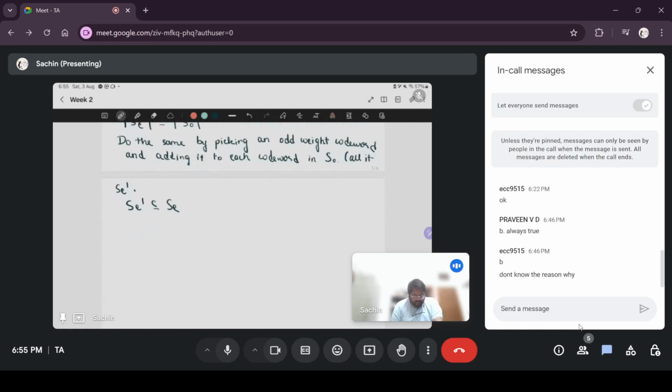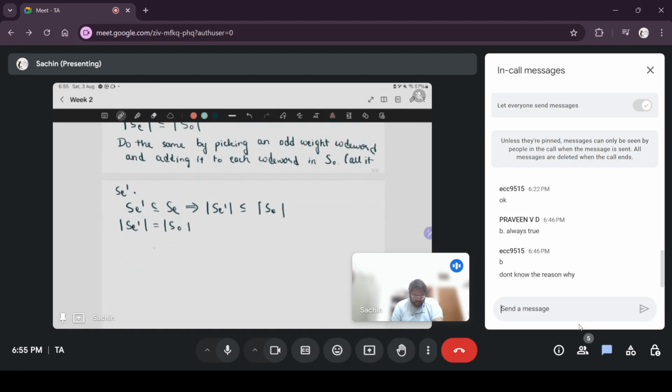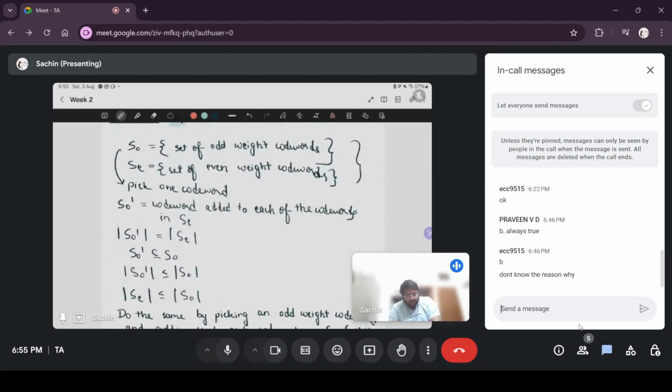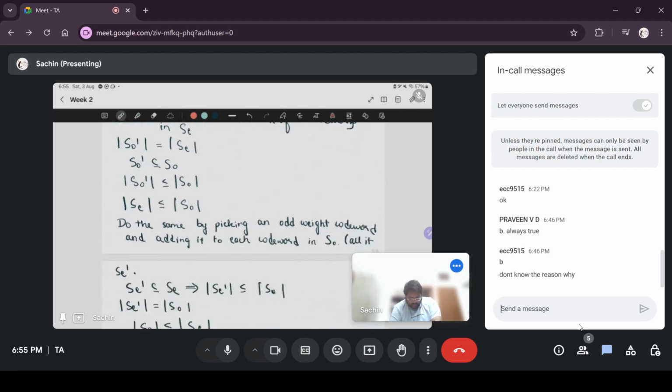So the cardinality of SE prime is equal to the cardinality of SO. That implies the cardinality of SE prime is less than or equal to the cardinality of SE. So combining those two, the cardinality of SO is less than or equal to the cardinality of SE. That is, the number of odd code words is less than or equal to the number of even code words.